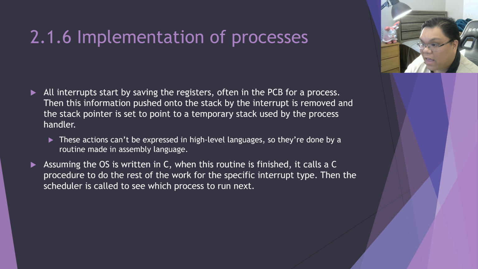These actions cannot be expressed in high-level languages, so these routines are typically written in assembly language. Assuming the operating system is written in C, when this routine is finished, it calls a C procedure to do the rest of the work for the specific interrupt type. Then the scheduler is called to see which process can run next.